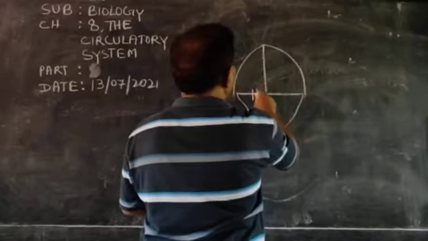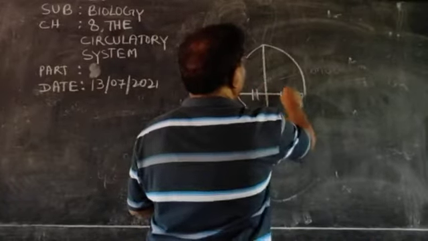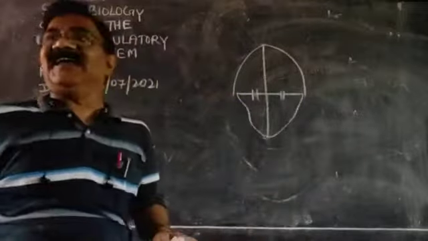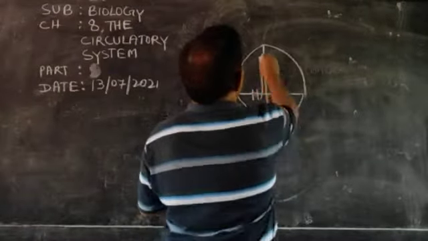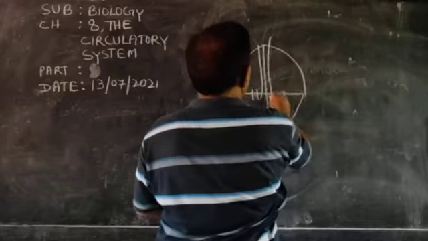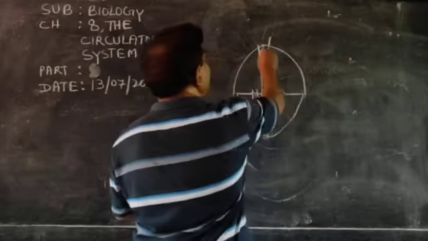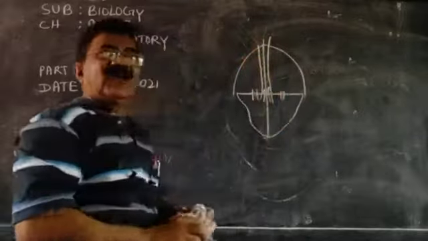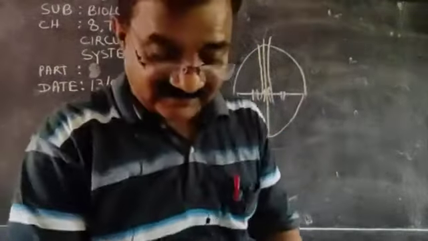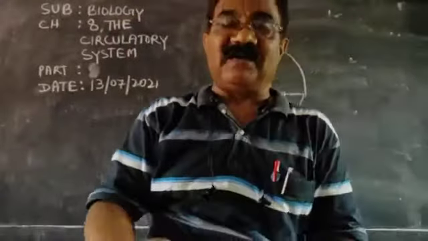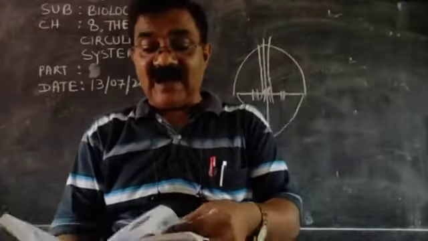But this passage is blocked by the tricuspid and bicuspid valves. The chordae tendineae are holding, so it will be blocked. And this one is connected here. What will happen? The blood will get a clear passage and will come out through the pulmonary semilunar valve and through the aorta, because the ventricles are connected. This way, the blood circulates in our heart.